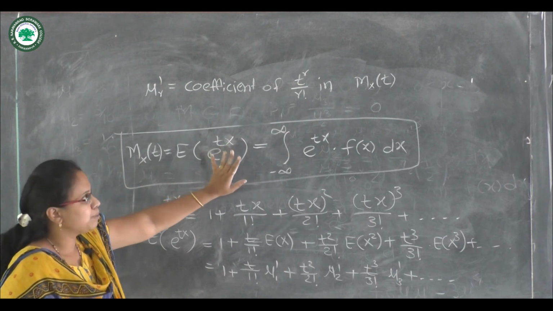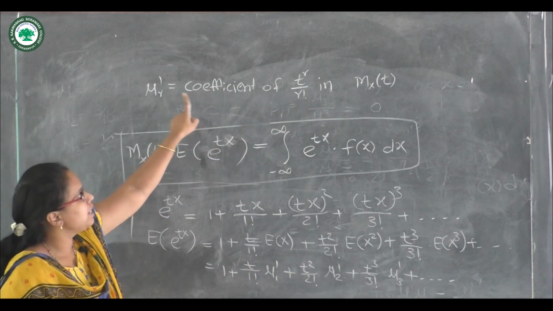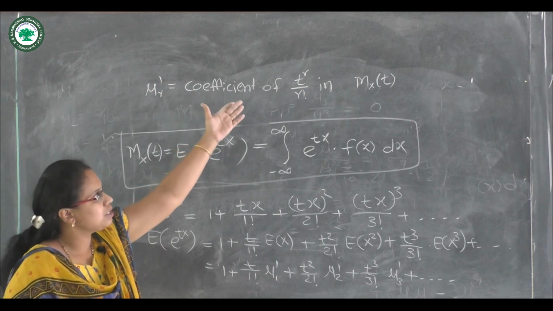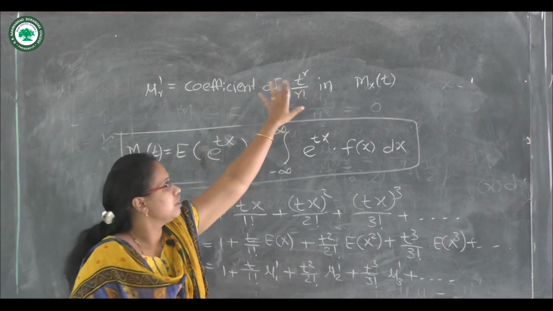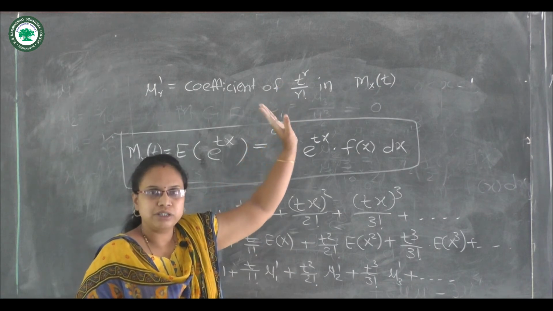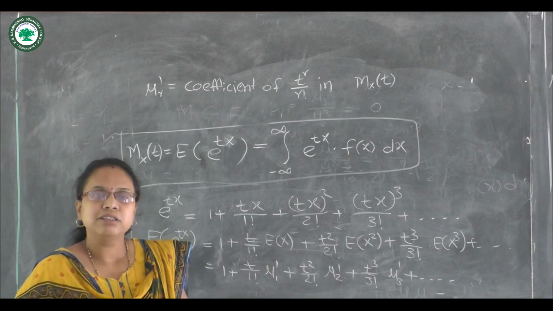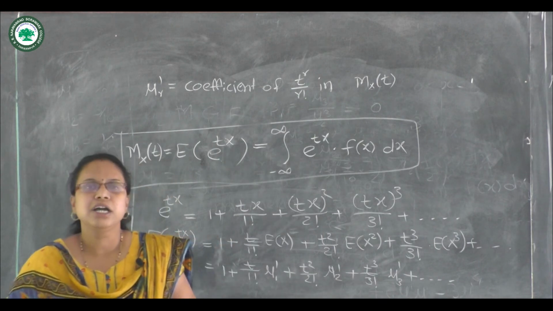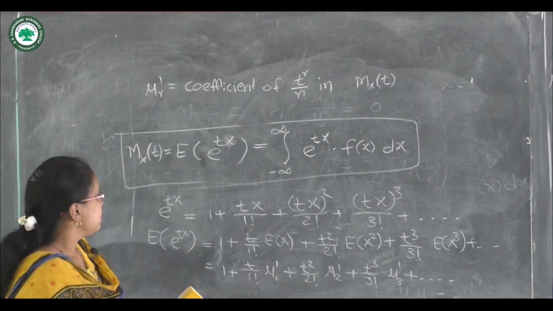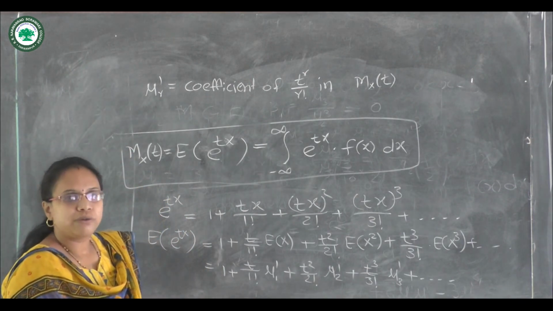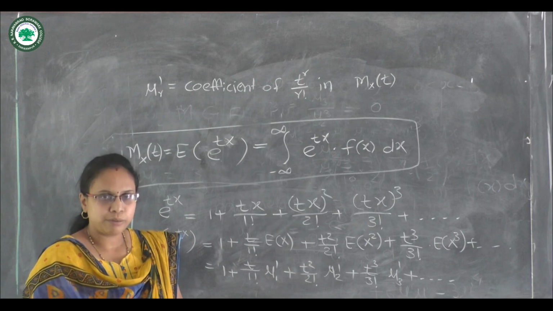So this is the expansion method, and we have to just find out the coefficients of these terms, and we will get the raw moments. Further we can find the central moments by using the relations. Okay, so this was the first method of finding the moments from MGF.